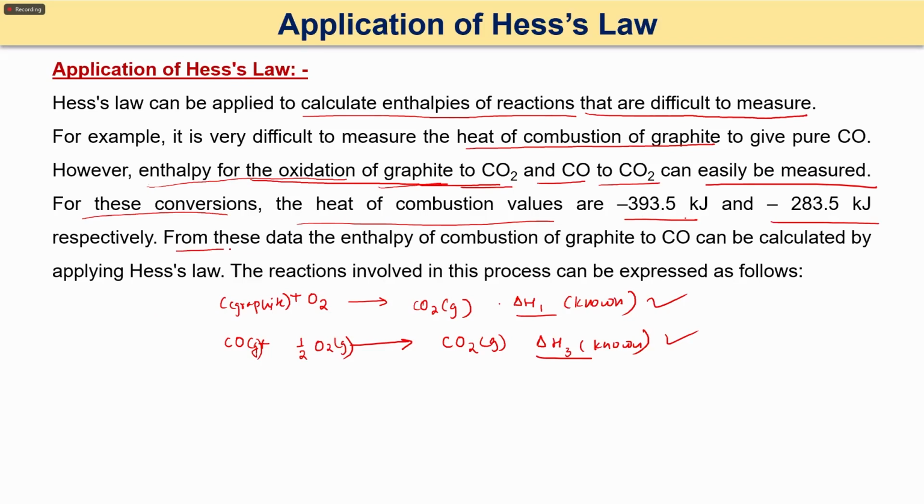So from this data, the heat of combustion of graphite to CO can be calculated. This is the beauty of this law: it was very difficult to measure, and now we can measure it using Hess's law if we know these values.